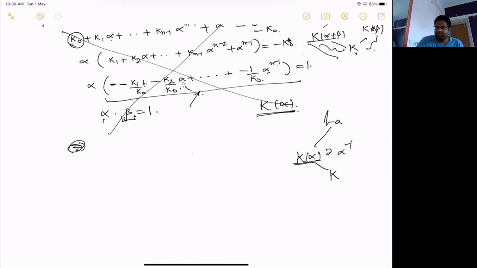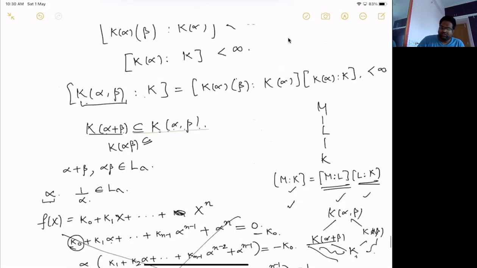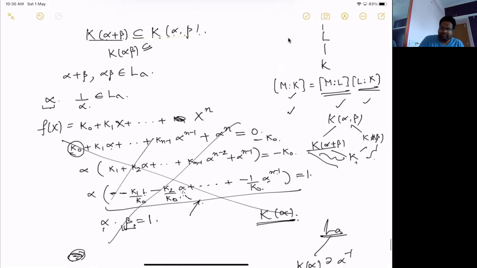And therefore, if you consider the field generated by K(alpha inverse) over K, this must be finite because this is finite, and therefore alpha inverse is algebraic, therefore belongs to L_A. That is sufficient, I guess. Yeah. So this is wrong. So I tried to exhibit an inverse for alpha, but that's not the point of the story.